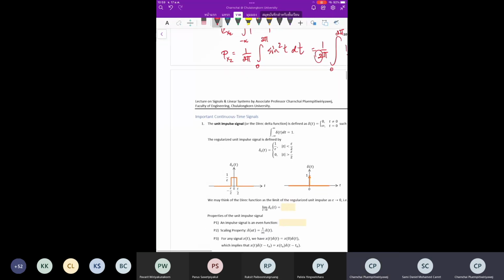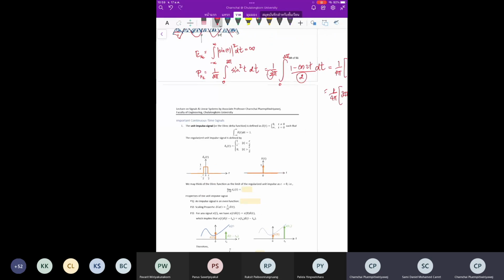The unit impulse signal, sometimes we call it the Dirac delta function. Dirac is the name of the person who invented this, I think.